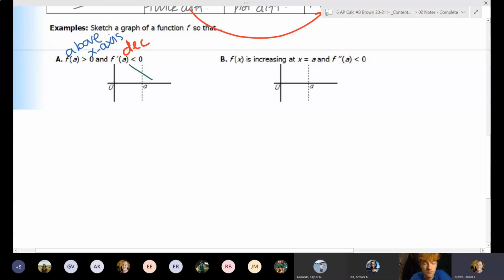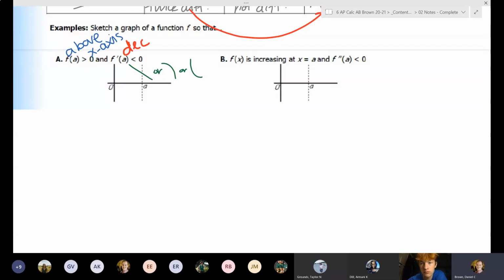So we could draw a linear graph. Do I know anything about the concavity, or about the second derivative, based off of that description only? No. You could have drawn it concave down, or you could have drawn it concave up. But based off of that description, those are the only graphs you could have drawn.